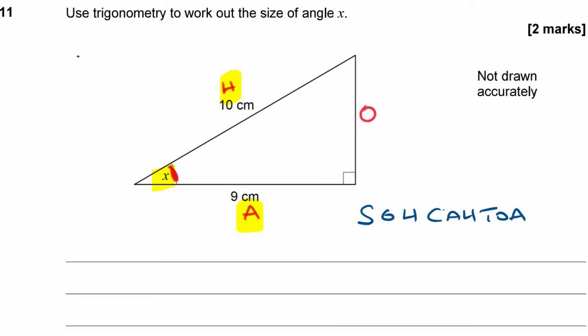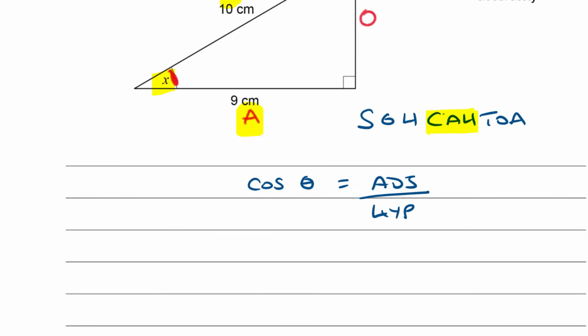So the ratio that includes the adjacent and the hypotenuse is that one there, cosine. So let's write that out fully then. The cosine of an angle is equal to the adjacent divided by the hypotenuse. Okay, that's the full ratio that we need to use. So let's sub in what we know. Cos, well, it's x in this case, not theta.